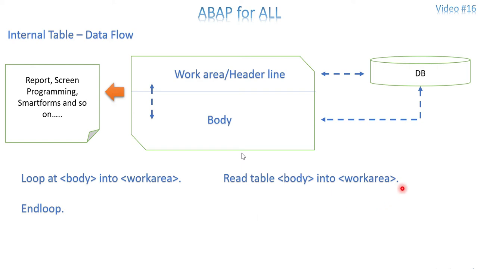You can have a where condition over here with a different syntax. Whenever you want to get specific information from the body of an internal table, go with read. But if you want everything, say you want to display all 100 records, go with loop. This I will also explain in great detail about loop, end loop and read table in the internal table properties video.